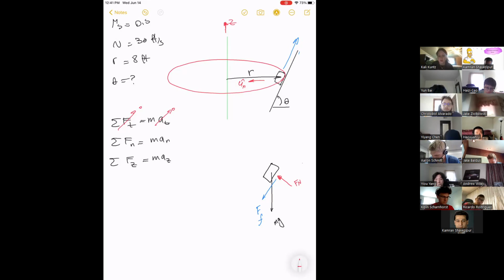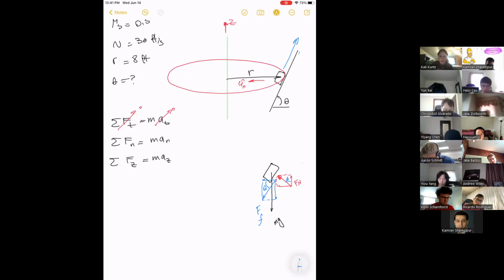In the normal direction, you have components of normal force and components of friction force, right? And if this angle is theta, this is going to be theta, and this is going to be theta.